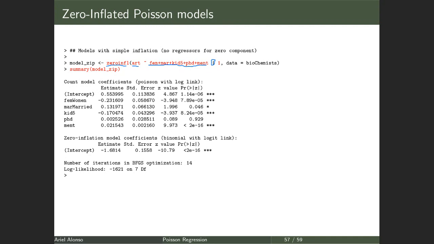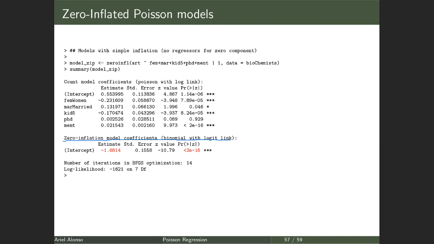specify the model for the probability of being in the zero category. And as you can see, we are only using here an intercept. So we are not using any covariate for modeling that probability. And here are the results you get. So this is the estimate for the zero inflation model coefficients for the binomial with the logistic link.